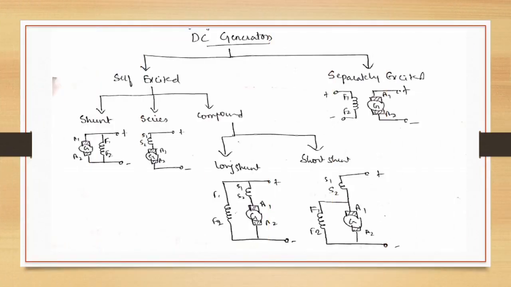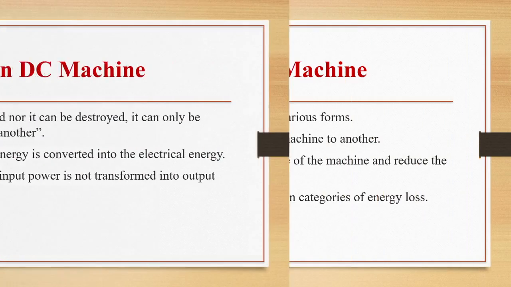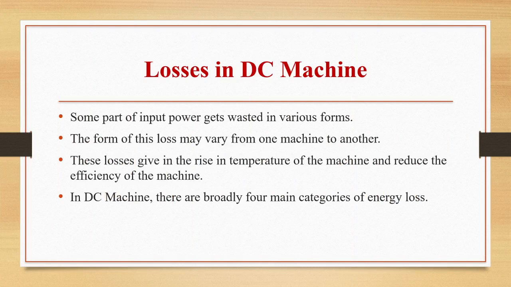That is called losses. So some part of the input power gets wasted in various forms. The form of this loss may vary from one machine to another. It can be in the form of heat, sparks, etc. These losses give rise to the temperature of the machine and reduce its efficiency.